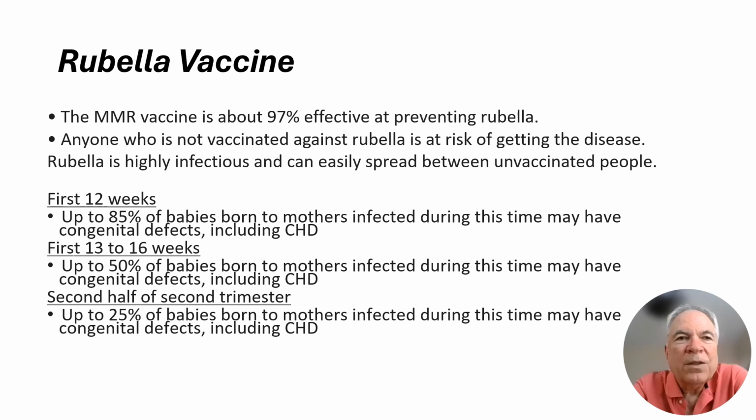And between 13 and 16 weeks, 50% of the babies born infected during this time have congenital defects, and in the second half of the second trimester, it goes down to about 25%. So the risk is really in the first 12 weeks, and it can be easily prevented by taking the rubella vaccine.